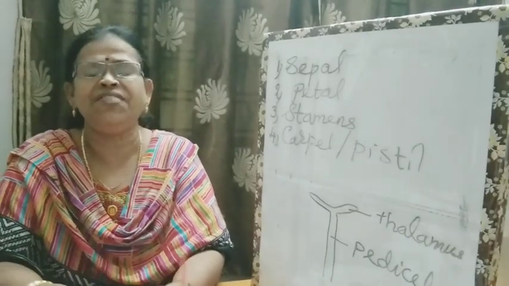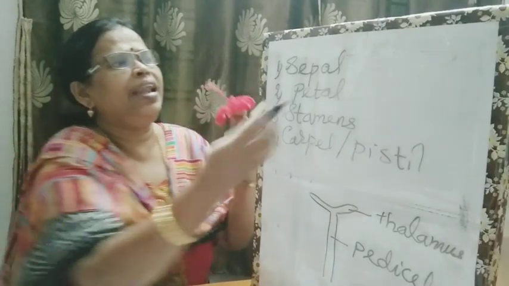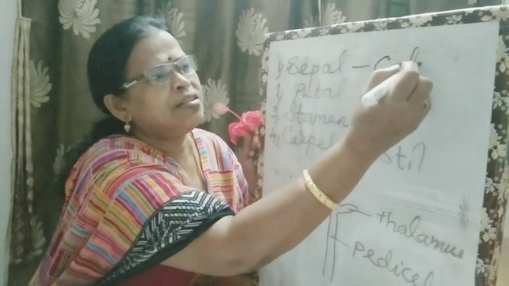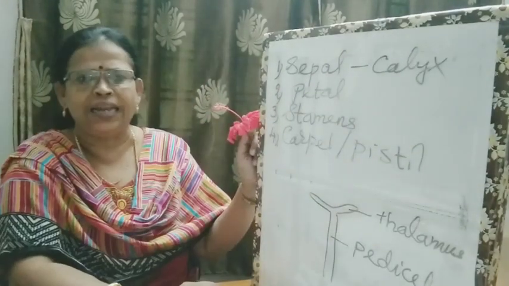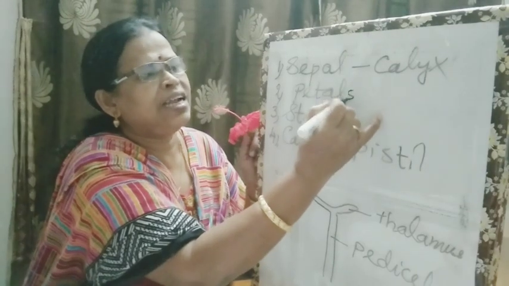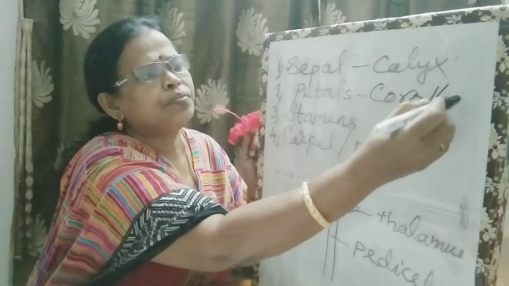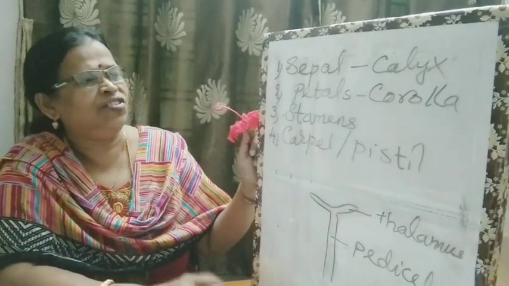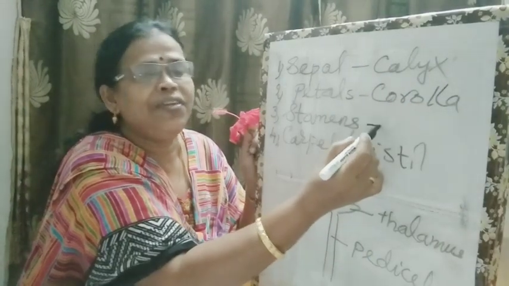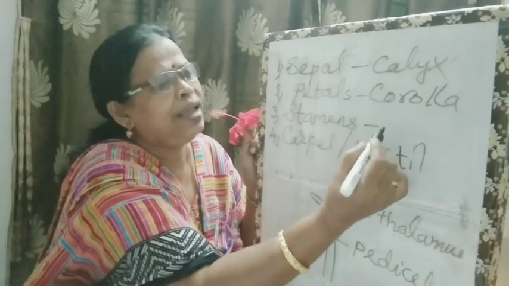Sepals, collectively called calyx. Petals, collectively called corolla. Stamens, collectively called, do you know the name? Androecium.